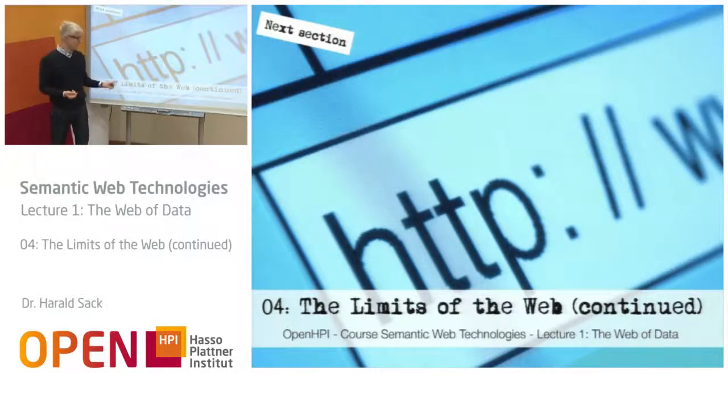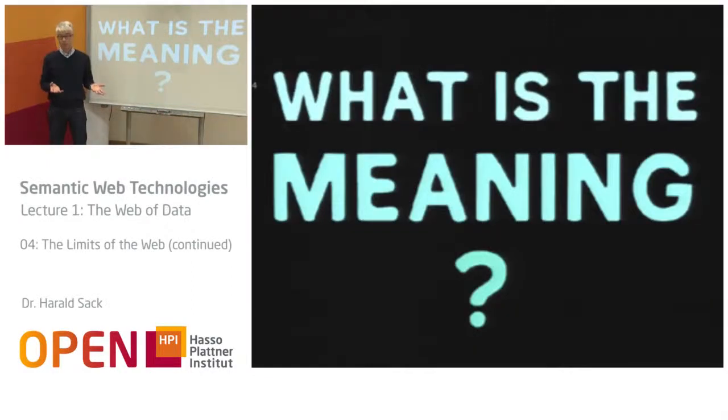In the last part of the lecture, we dealt with the question, what's the importance of meaning? And we have seen that in the web, meaning is not formally represented, but is implicitly given within the natural language text of the web documents. The language to represent any document on the web is HTML.